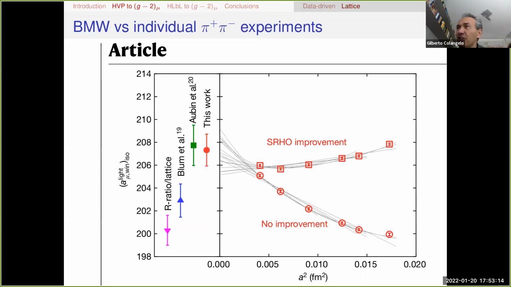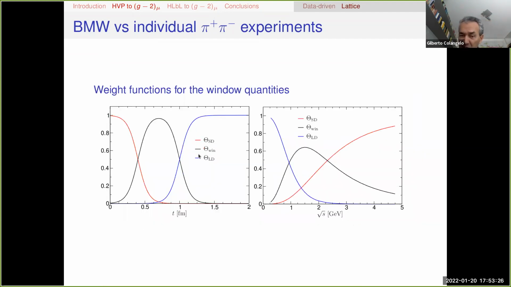With the shifted cross-section below 1 GeV, we would have to obtain for the R ratio result for the window quantity something in agreement with the BMW result. But this was not the case. So this means that part of the difference must come from above 1 GeV.